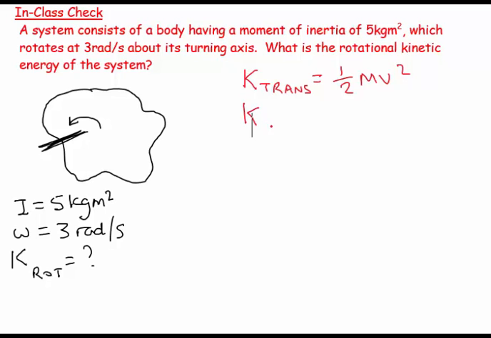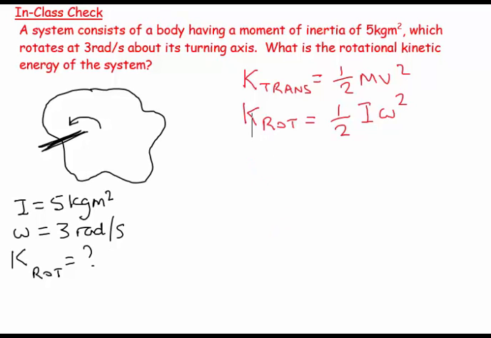Well, using an analogy, rotational kinetic energy would be 1/2, and then the angular equivalent of mass is I, the moment of inertia, and the angular equivalent of translational velocity is angular velocity.